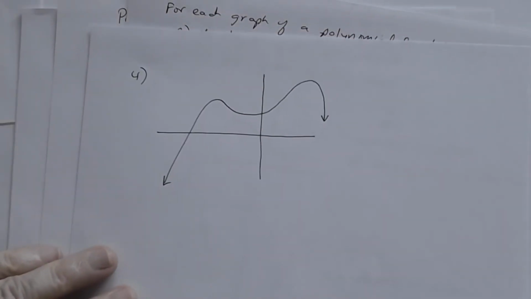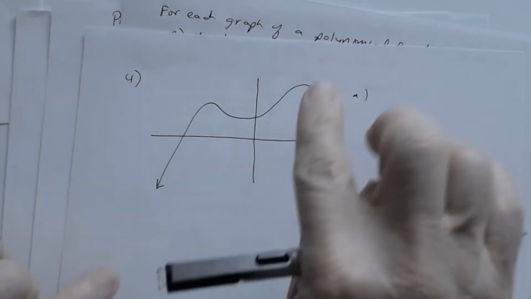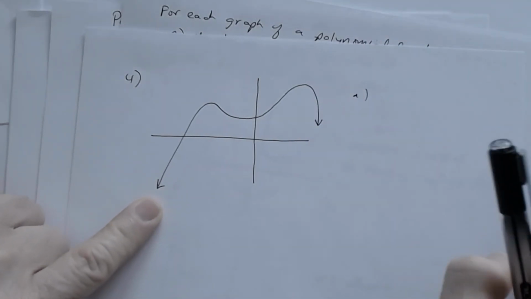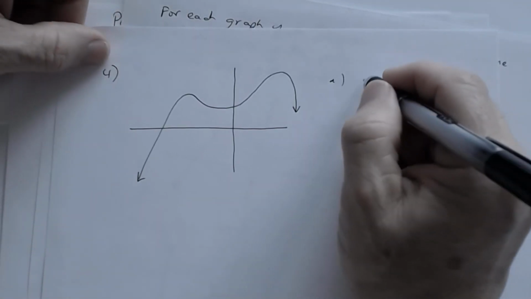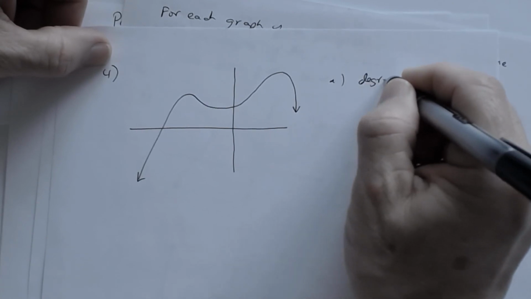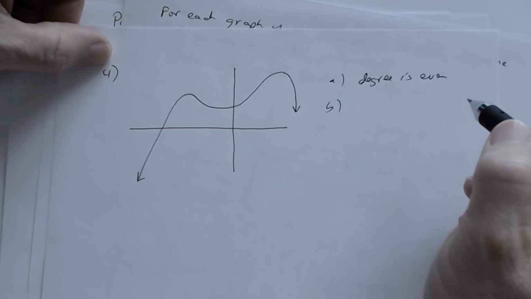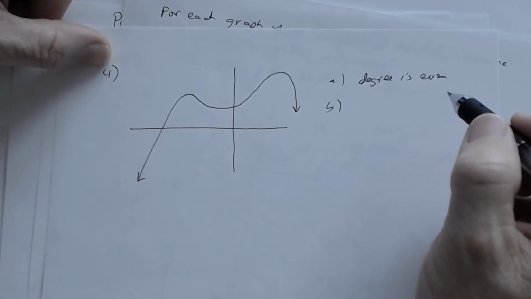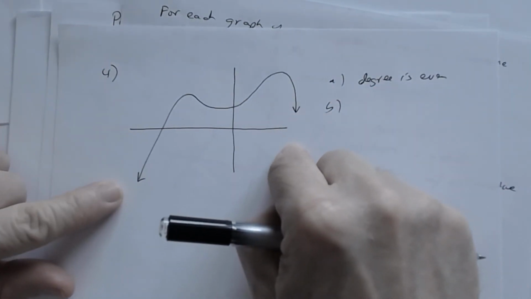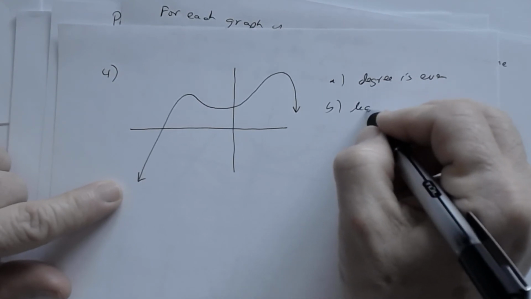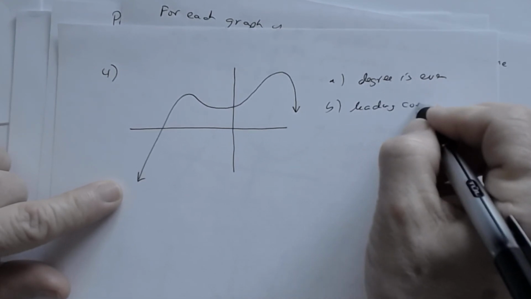All right, and then finally, number four. Here's number four. So again, the arrows are both pointing down, so that means the degree is even. And B, the sign of the leading coefficient. So since it's pointing down, that means the leading coefficient is negative.